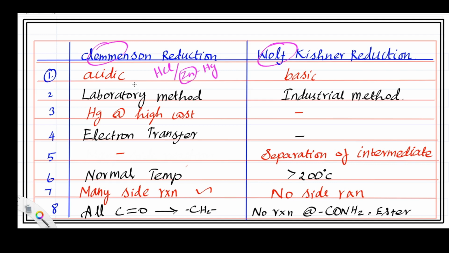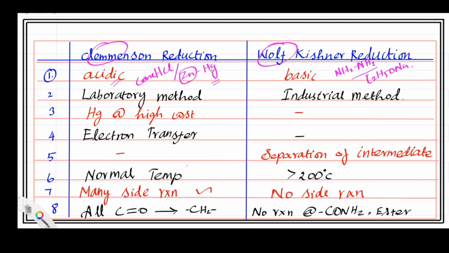So we introduce the zinc amalgam in presence of concentrated HCl. So the net medium is acidic. At the same time, in Wolff-Kishner reduction, we have used sodium ethoxide and hydrazine. So this is the strong base combination.